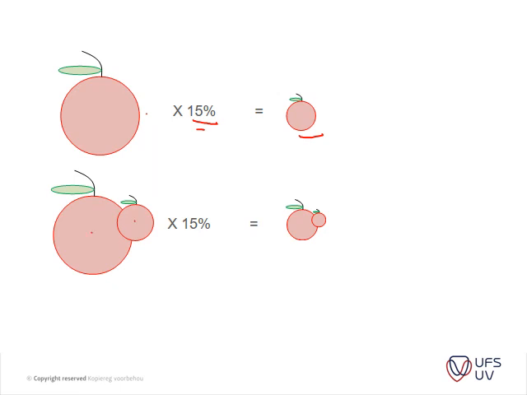So the mistake that many people make is that if you times this with 15%, it's already got 15% included, so it's not 100% that you're timesing it with. It's 115% that you times with 15% to get 15% of 115.